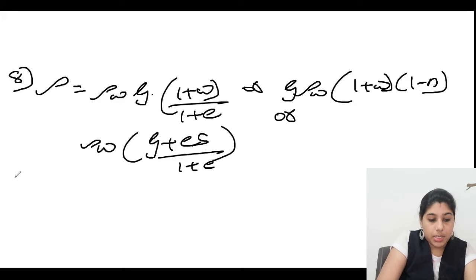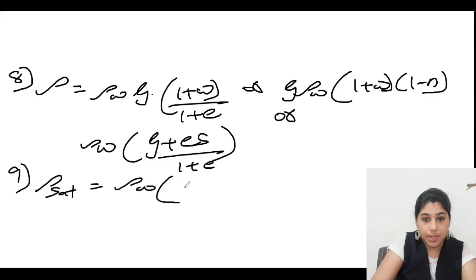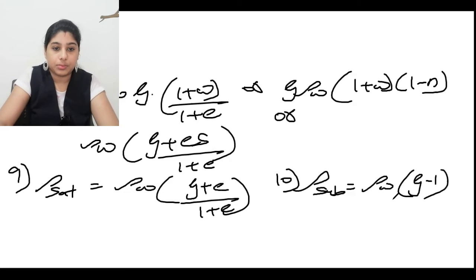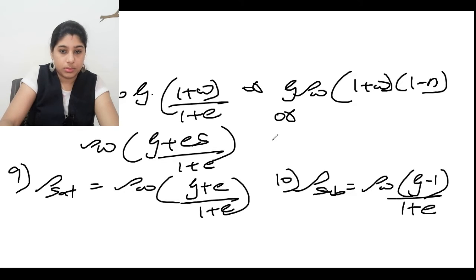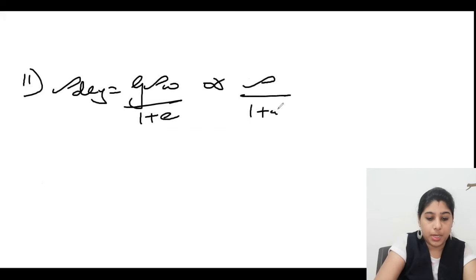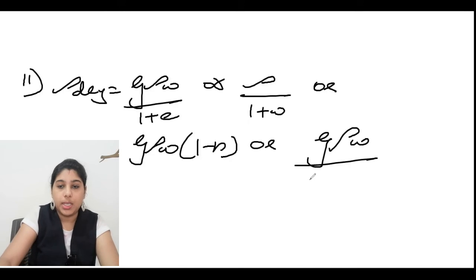Then gamma saturated is gamma_w into (G plus e) by (1 plus e), and gamma submerged is equal to gamma_w into (G minus 1) by (1 plus e). And dry: G gamma_w by (1 plus e), or gamma by (1 plus w), or G gamma_w into (1 minus n), or G gamma_w by (1 plus wG by S).